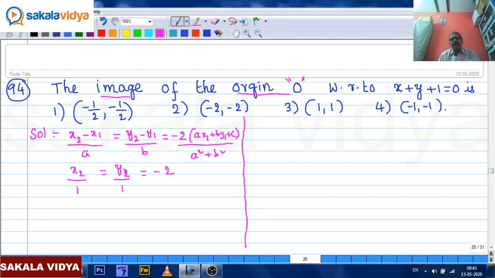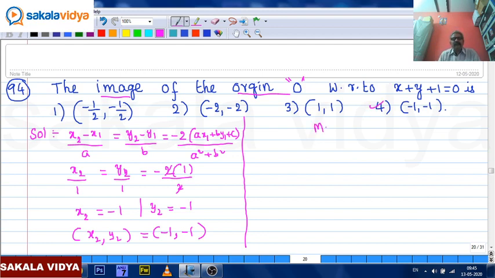If you put origin here, 0 plus 1, 1 by 2, 2 gets cancelled. So, x2 is equal to minus 1, y2 is equal to minus 1. So, x2 comma y2 is equal to minus 1 comma minus 1. So, this is now the fourth option.